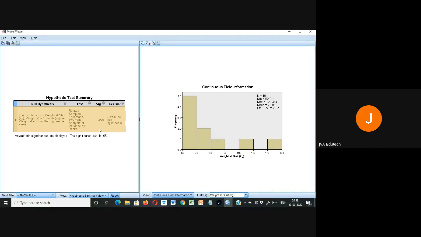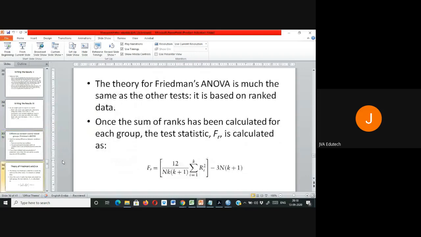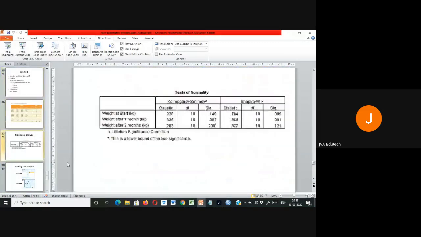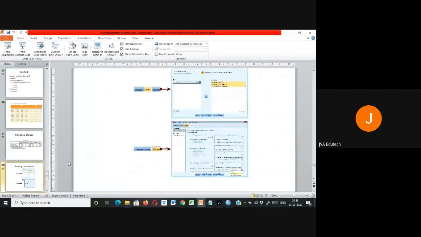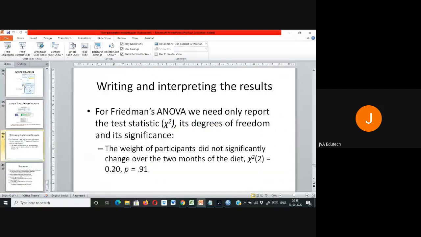And the statistic that you report is chi-square, that is Friedman's ANOVA, at degree of freedom 2 equal to 0.20.